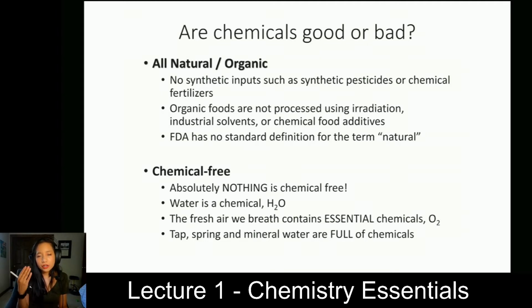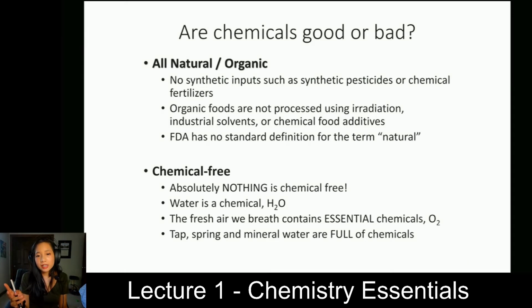So always have a discerning eye when you see something like natural chicken versus organic chicken. I mean, all chicken is typically natural because they come from natural sources of living chickens. So all chicken should be natural unless it was lab made, like made in a petri dish or something.